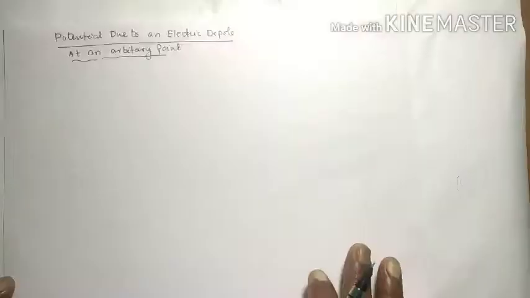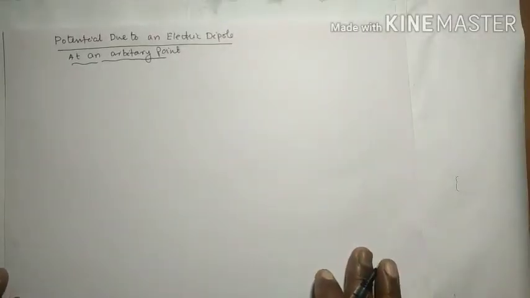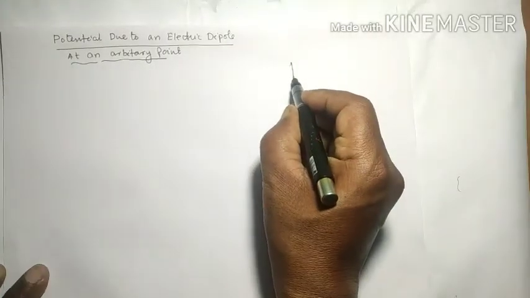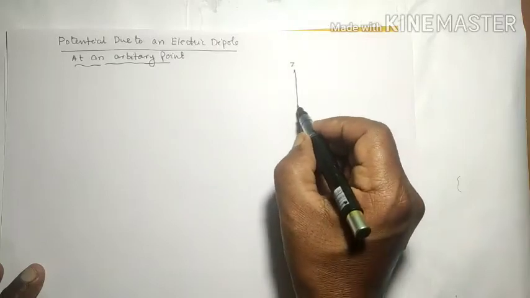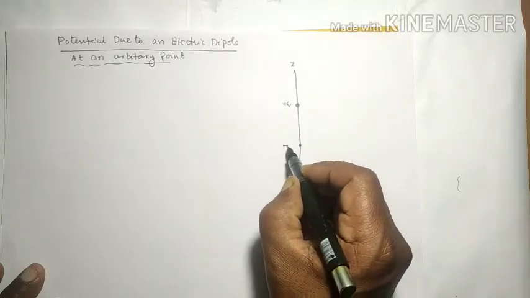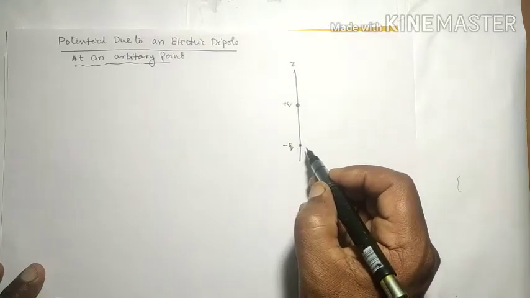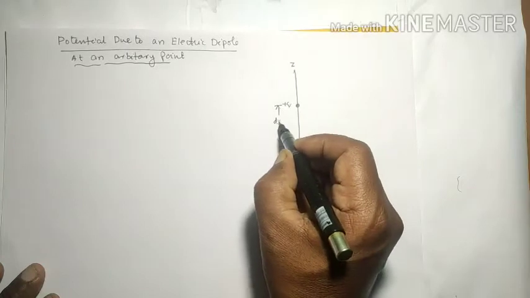Let us find the potential due to an electric dipole at an arbitrary point. We consider, this is the z-axis, two charges plus q and minus q are placed on the z-axis. They are separated by a distance d equal to 2a.